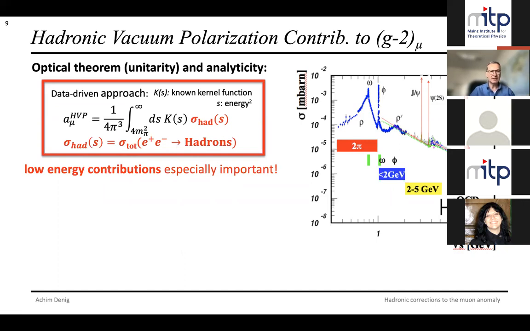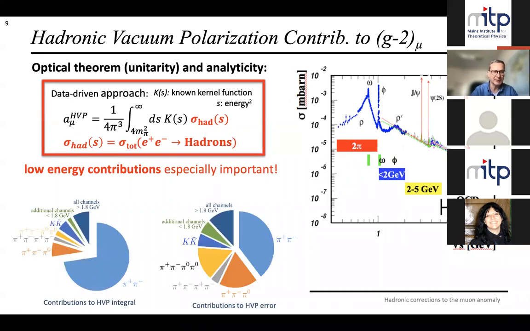Using unitarity, the optical theorem, and analyticity, one can use this experimental data, plug it into a dispersion relation, and what one gets out is the contribution of HVP to G-2. You have seen this hadronic cross-section many times. There's a kernel function in this dispersion relation which makes the low energy contribution extremely important. It's essentially the energy range below 2 GeV which is relevant here for G-2.